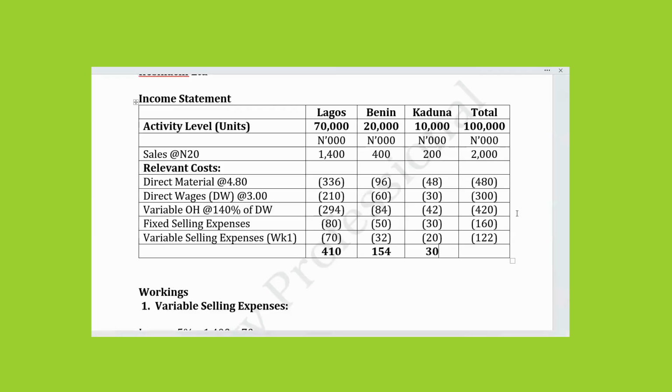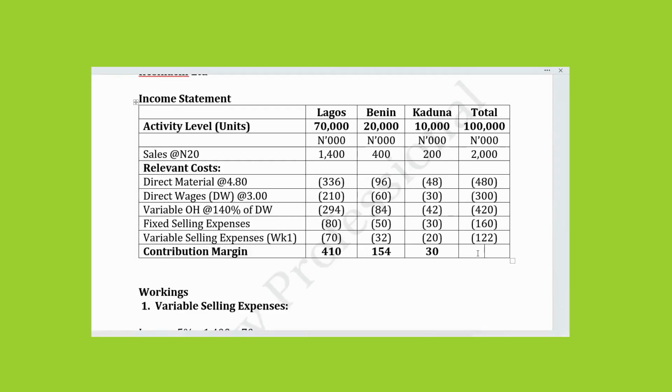Kaduna is 30. Next, the total. 518. Are you sure?